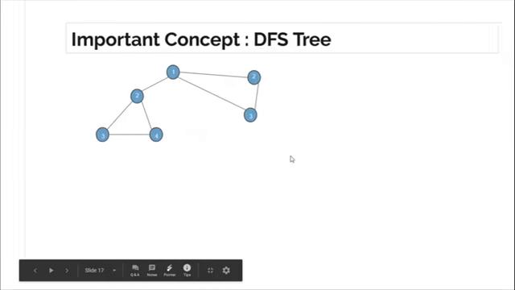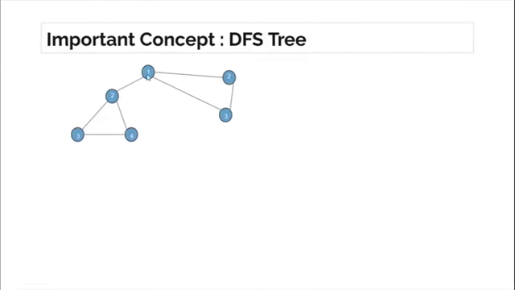Suppose node 1 was the root of this connected component. Node 1 would make a DFS call, so you would reach 2 and then 3, and then you would track back to 2 and 1, and 1 would make another DFS call. Sorry, I'm messed up with the numbering.